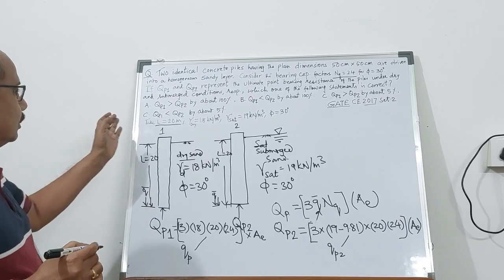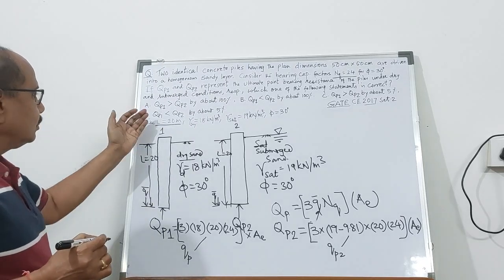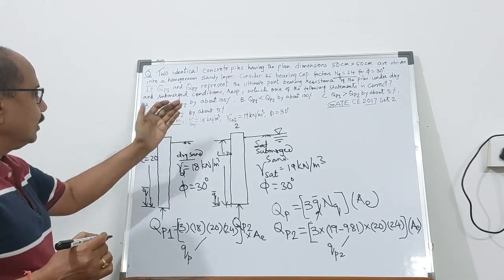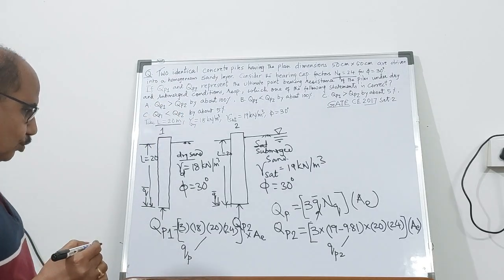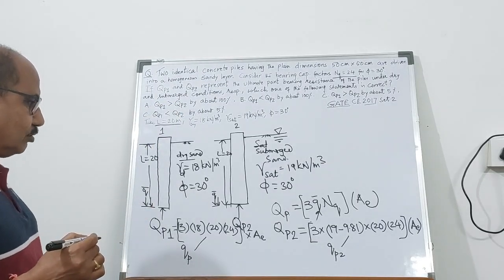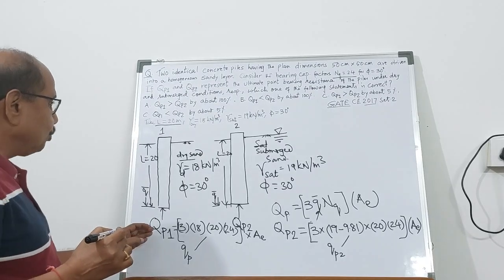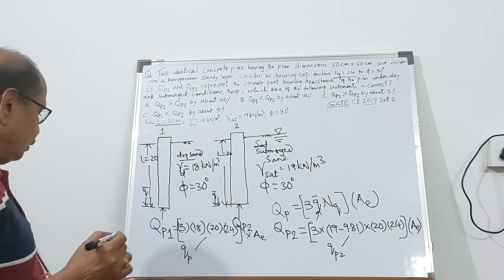So when you want to find out whether QP1 is greater than or less than QP2, let's find out the ratio of QP1 upon QP2.